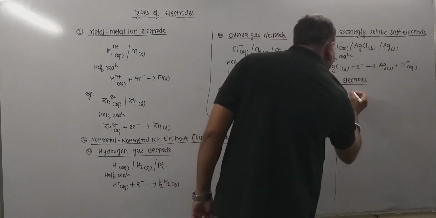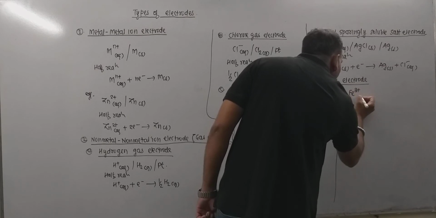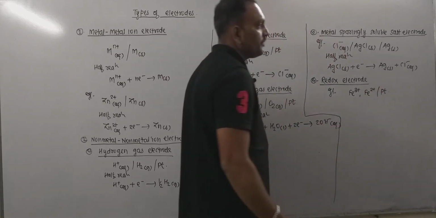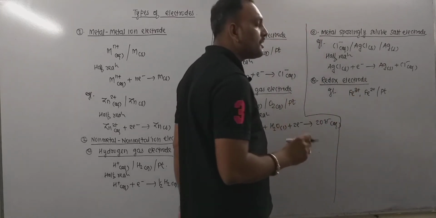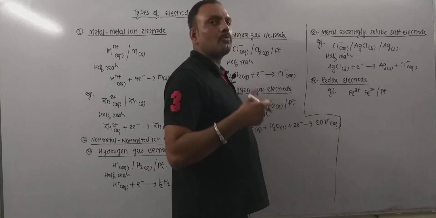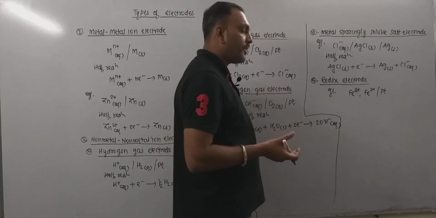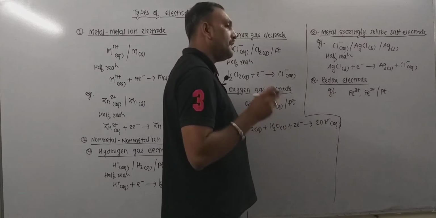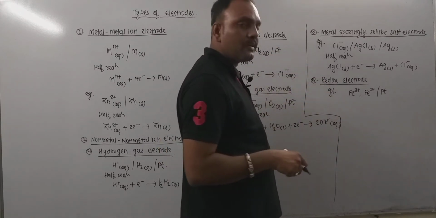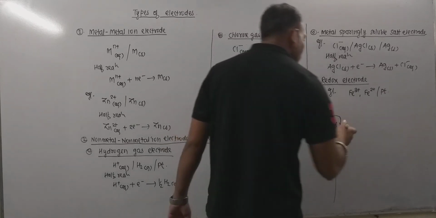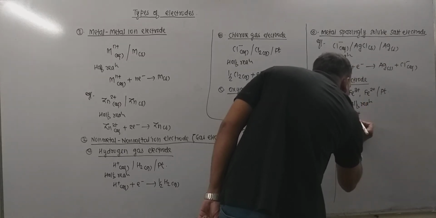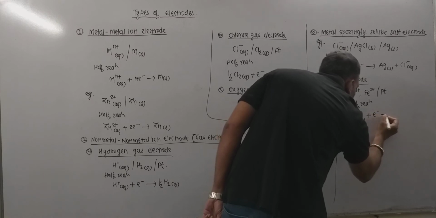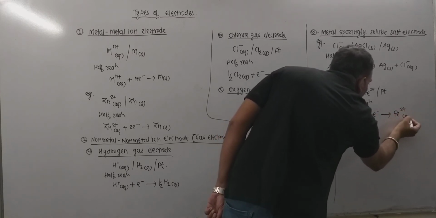One of the finest examples of it is Fe3+ in contact with Fe2+ and the inert is platinum. So the half reaction for this is given as Fe3+ aqueous plus electron gives Fe2+ aqueous.